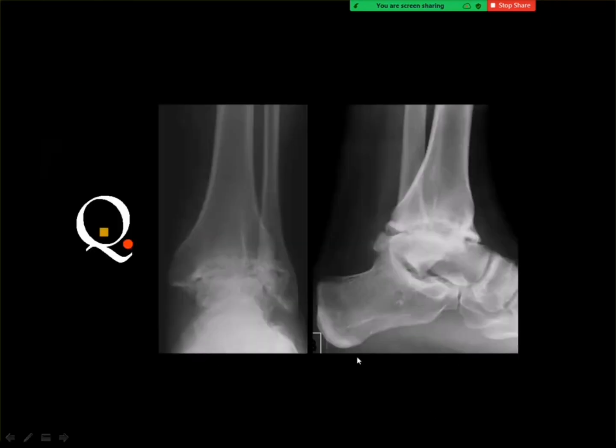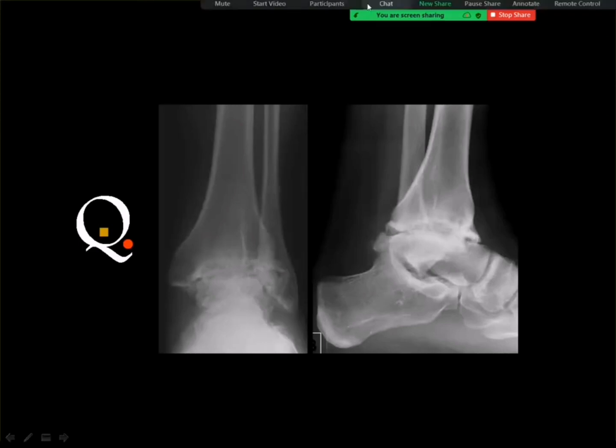This is an X-ray of the ankle joint, the frontal view and the lateral view.